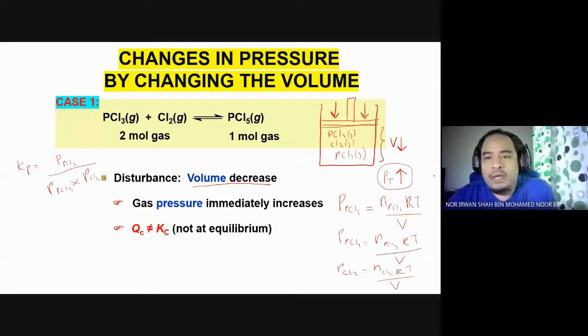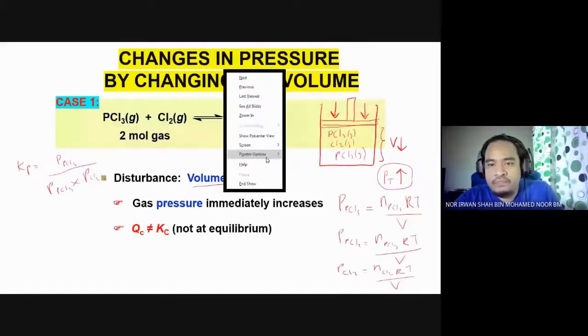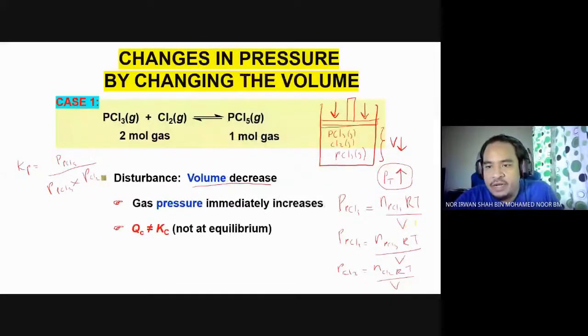Right now, if we look at the disturbance here, the volume is decreased. When the volume is decreasing, what will happen? Let me change the color first. If the volume is decreasing, class, what will happen to each of these partial pressures? Each of these partial pressures will increase.